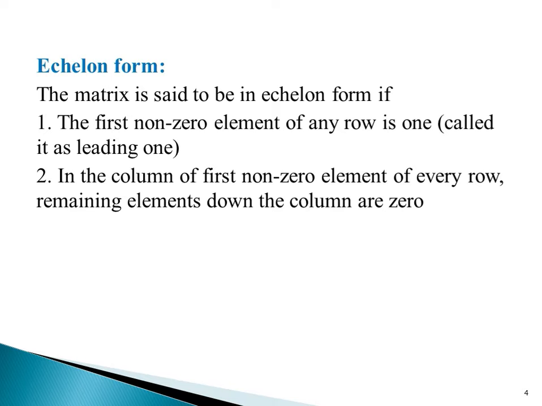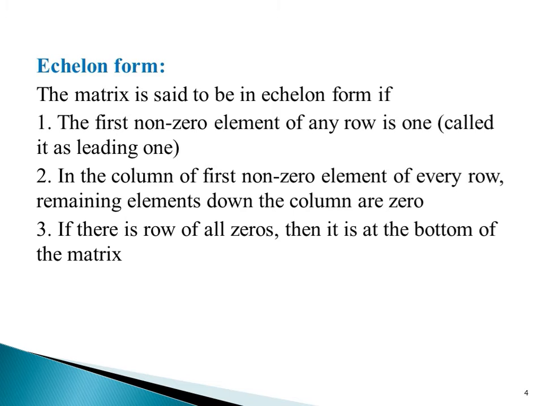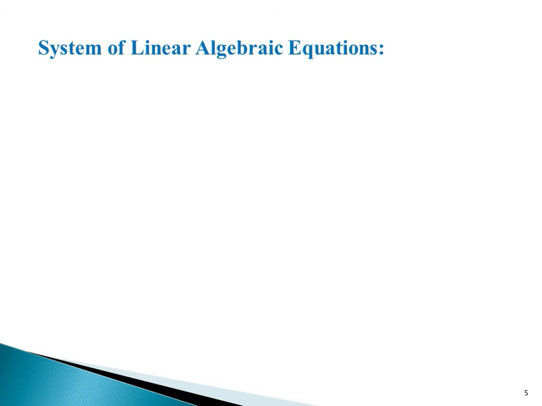Remember this one. And the last condition, if there is a row of all zeros, then it is at the bottom of the matrix. So we see the echelon form. In actual examples, we use echelon form to find the rank of the matrix.